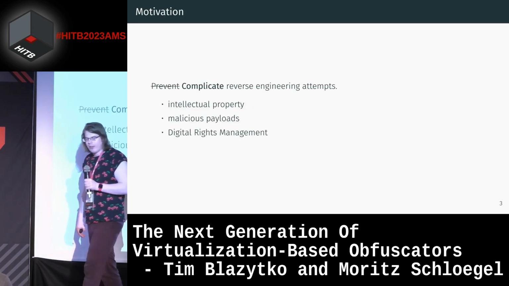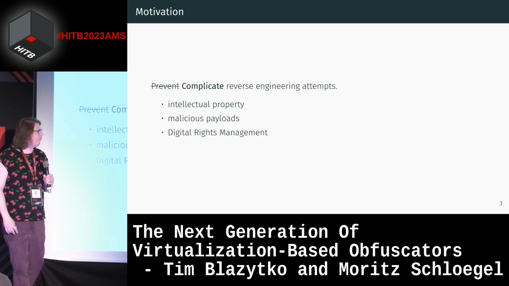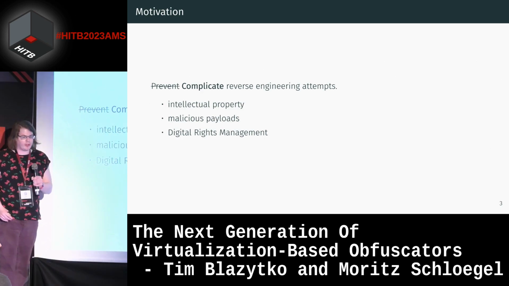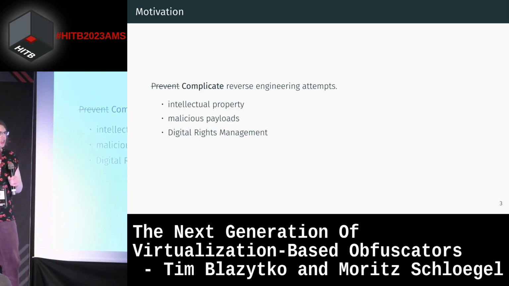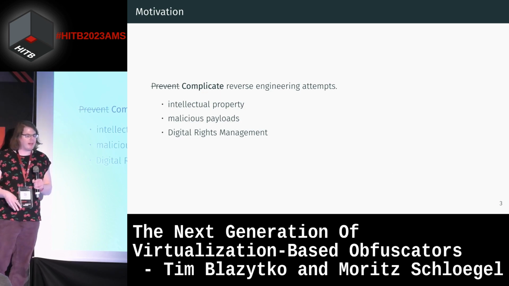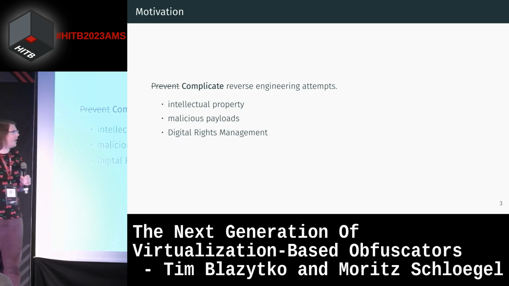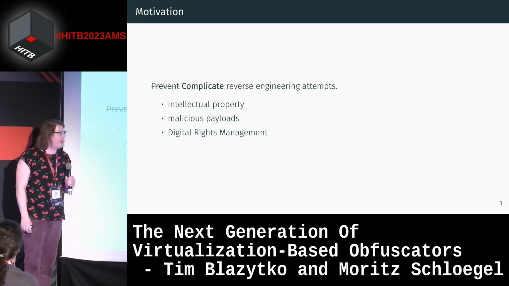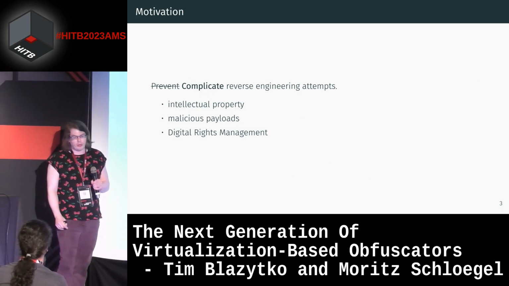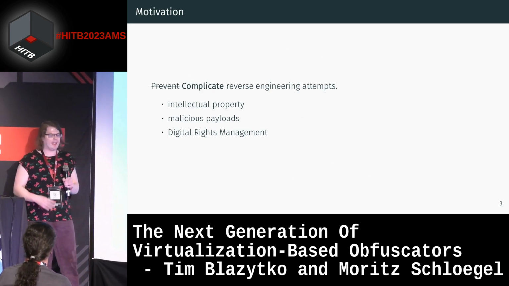So let us start with an easy motivation. First, why do we want to talk about code obfuscation or virtualization-based obfuscation? Because it is one of the most common and strongest techniques to complicate reverse engineering attempts.